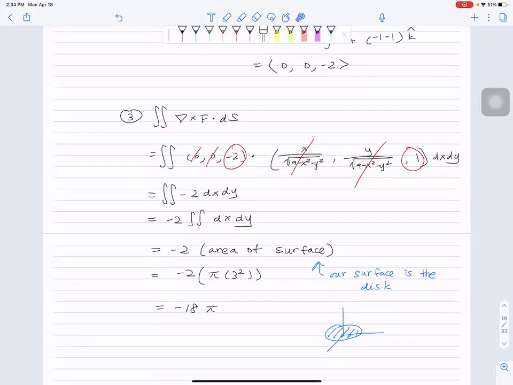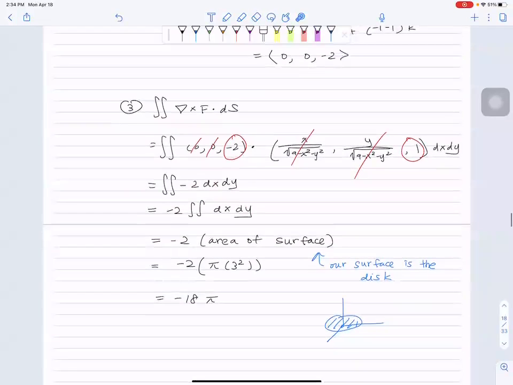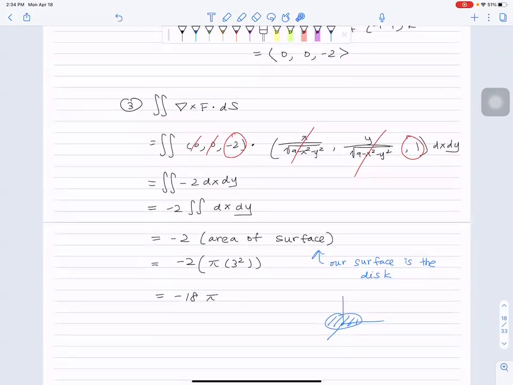What is our surface? Well, we have a hemisphere right now, but if we think about the area collapsed in the xy plane, because remember we're in xy now, then we just have this disk. The area of this circle is pi r squared, where r is 3, and so we get -18 pi.